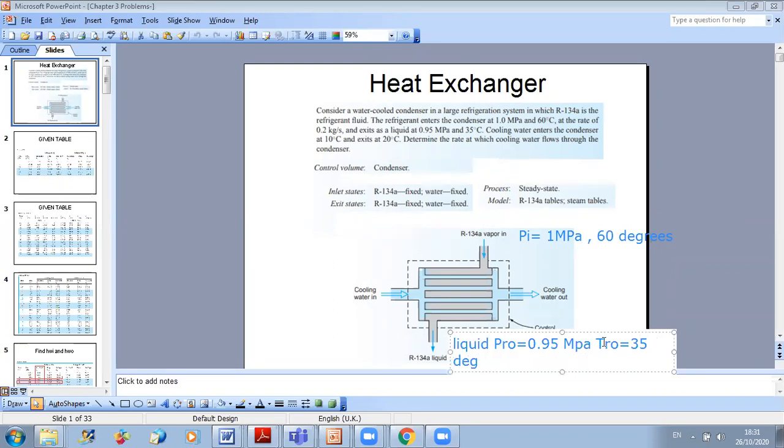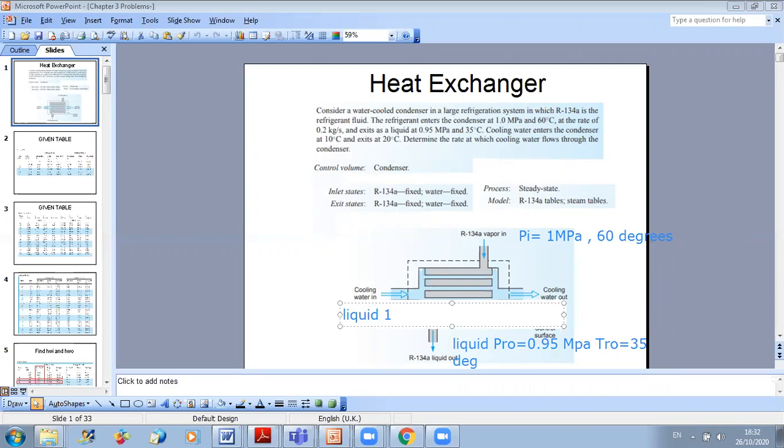So we know the inlet and outlet state of the refrigerant, and also we know the inlet and outlet state of water. So cooling water, here water is in the liquid state, and because they just mentioned, it's liquid at the inlet and outlet, but at the inlet it is at 10 degrees.